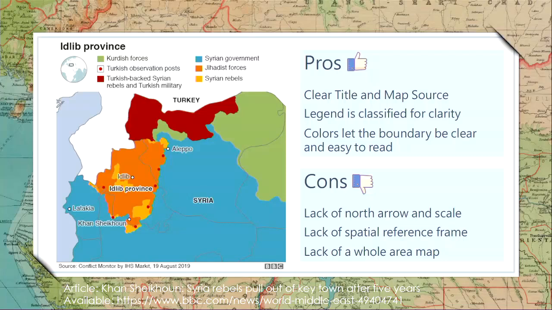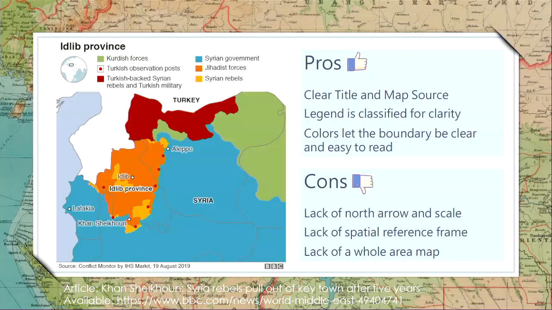I think the advantage of this map is that it provides a clear title and source, and the legend also explains very clearly. The map uses different colors to show the areas controlled by government forces and rebel forces. The high contrast colors help readers understand the boundaries quickly.